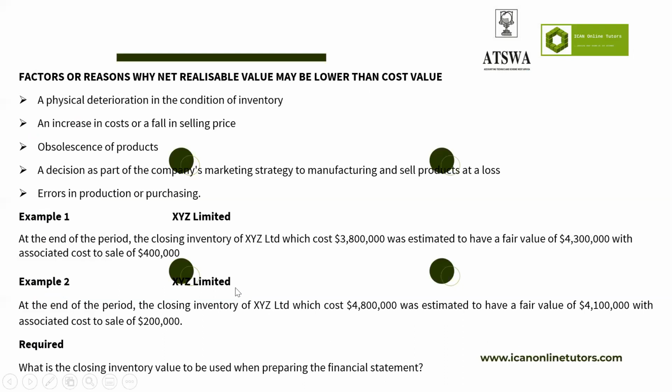So let me take it again. At the end of the reporting period, the closing inventory of XYZ Limited, which cost $3.8 million, was estimated to have a fair value of $4.3 million with associated cost to sell of $400,000. For example two, the closing inventory of XYZ Limited cost $4.8 million, was estimated to have a fair value of $4.1 million with associated cost to sell of $200,000.